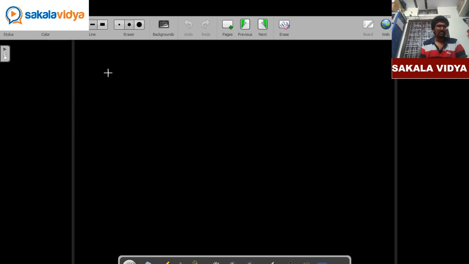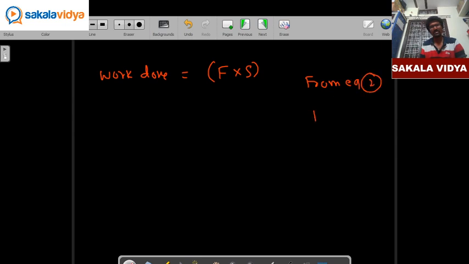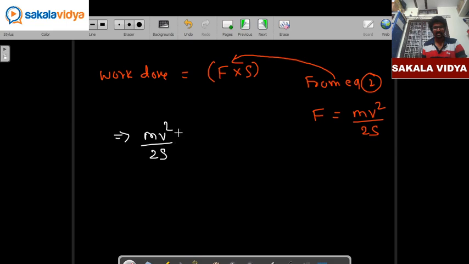So work done is equal to force into displacement. So from equation 2, force is equal to mv square by 2s. Let us substitute this force in this F. Then it becomes mv square by 2s into s. s gets cancelled.